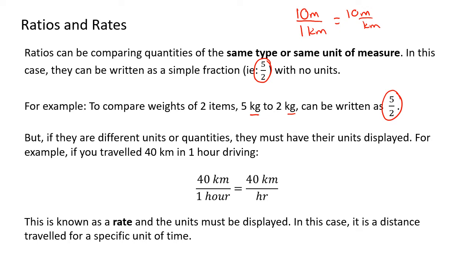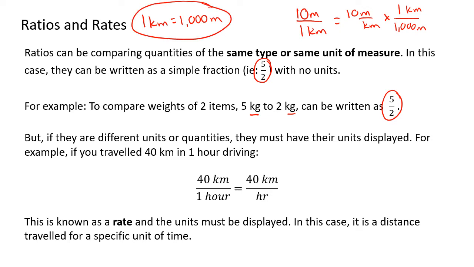But if the units were the same, in this case you can convert a kilometer to meters. 1 kilometer is equal to 1,000 meters. So we can actually convert using ratios as well. If we wanted to convert, we can multiply it by 1 kilometer divided by 1,000 meters. The reason for that is this is considered a ratio, 1 kilometer to 1,000 meters.